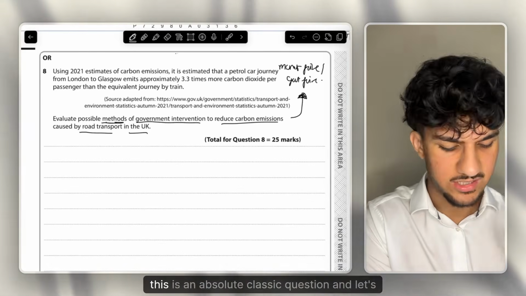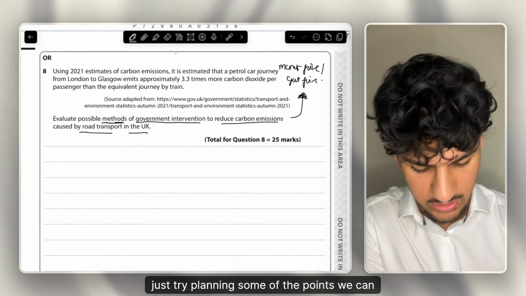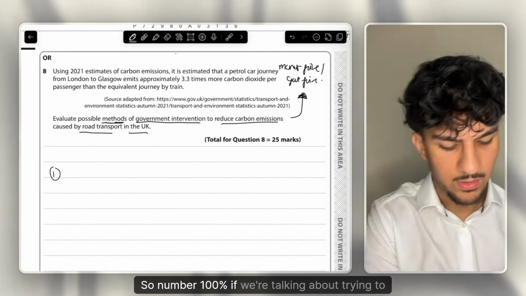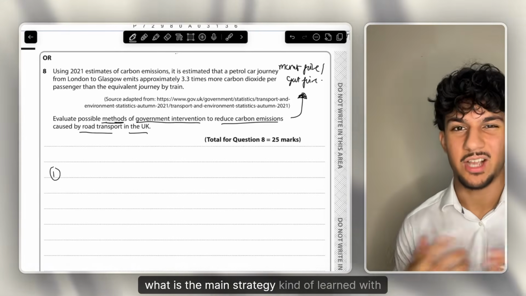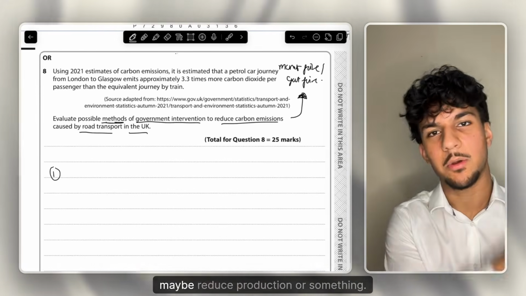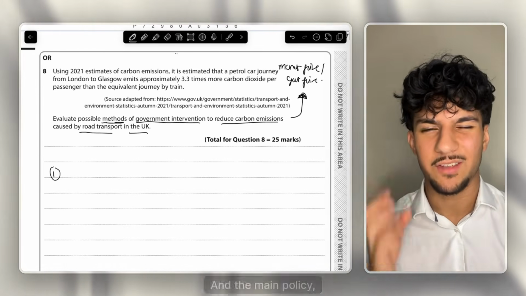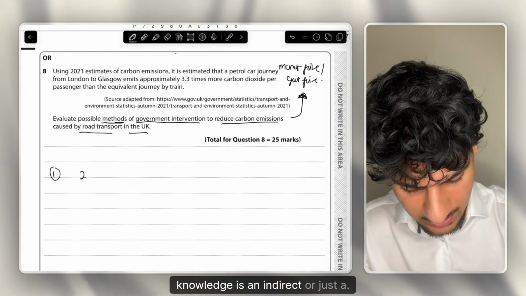Okay, so like I said, this is an absolute classic question, and let's just try to plan some of the points we can mention. So number one, 100%, if we're talking about trying to reduce carbon emissions, what is the main strategy you learned with policies to reduce something, maybe reduce consumption, maybe reduce production? The first policy that should pop into your mind from your content knowledge is an indirect tax.